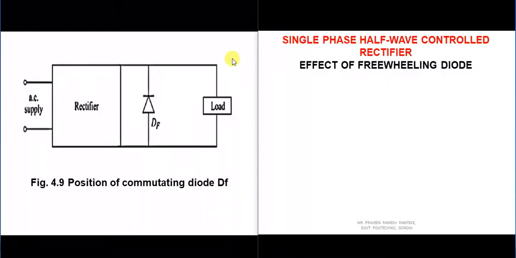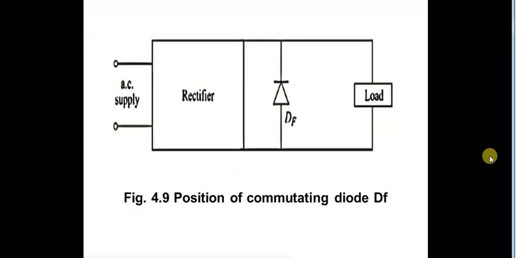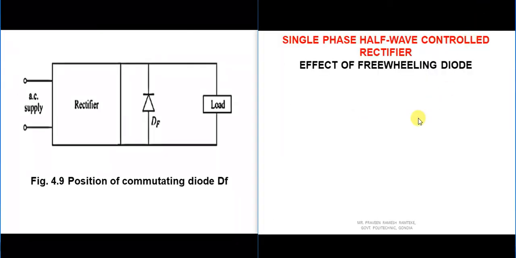So in this block diagram, we can see how the freewheeling diode is connected with respect to the load. It is connected in reverse bias and in parallel to the load. This DF indicates the freewheeling diode connected in parallel with the load. Now what are the effects of the freewheeling diode when connected with the load?